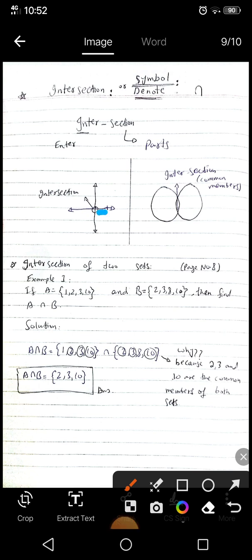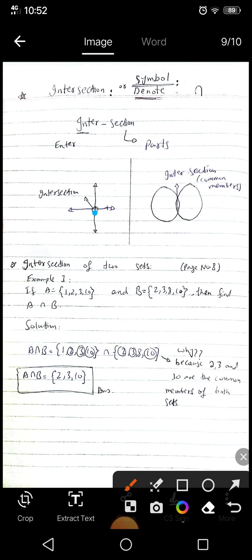At this point, this main midpoint is called intersection. Let me make you understand why, because at this point both lines are intersecting each other.